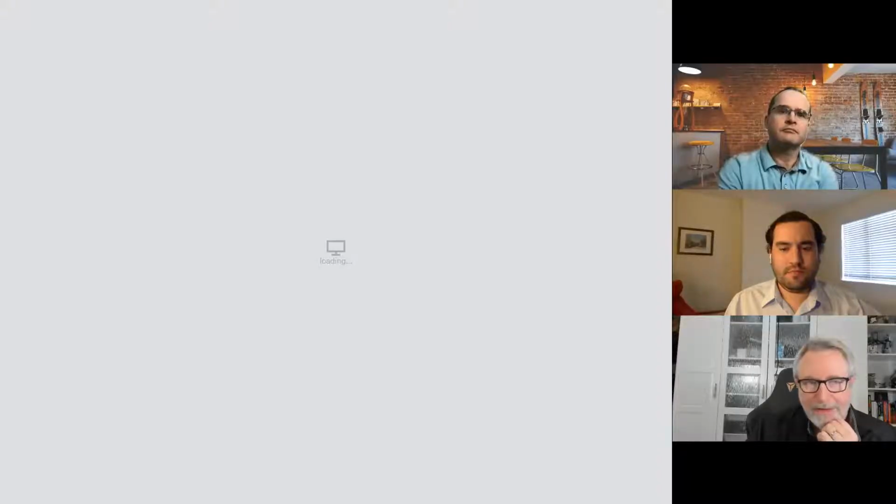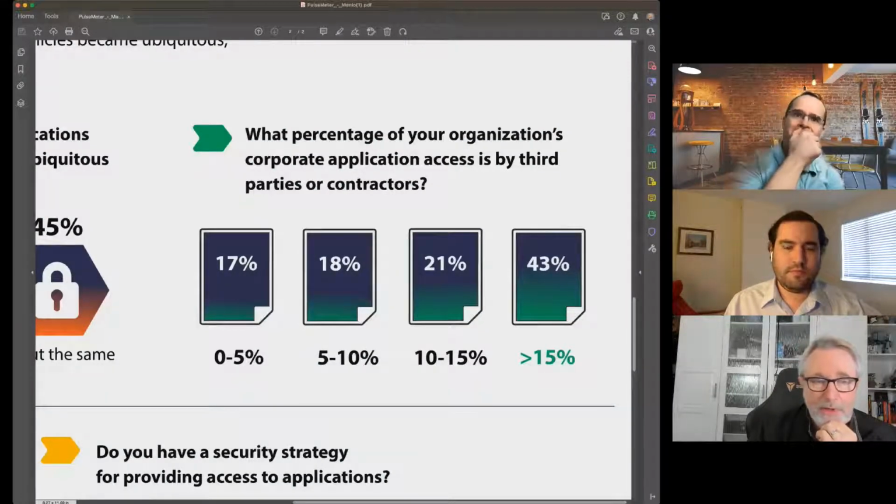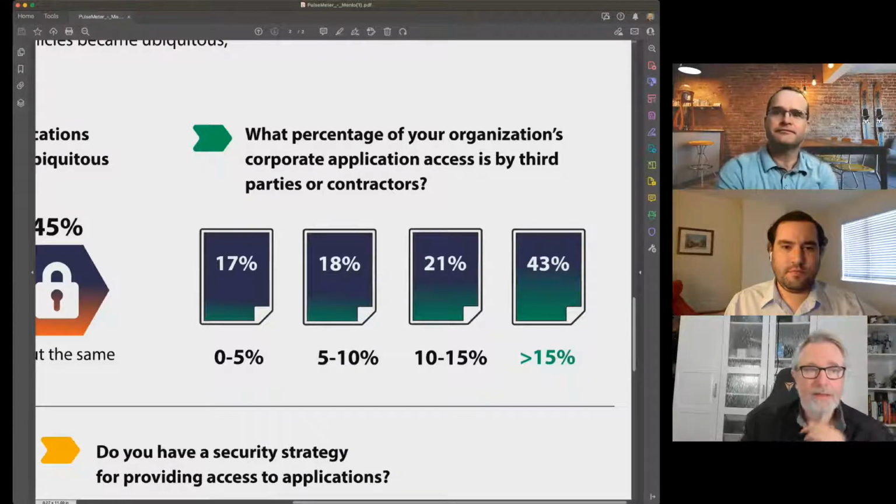It's always constantly changing. I want to bring up the stat that you guys were referencing around the percentage of organizations whose corporate applications are accessed by third parties and contractors, could be partners, could be all kinds of different reasons why people are utilizing these apps.